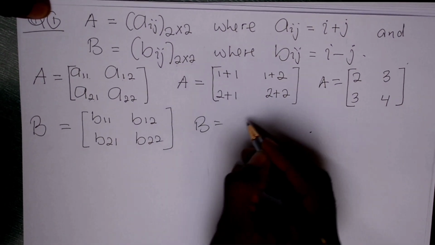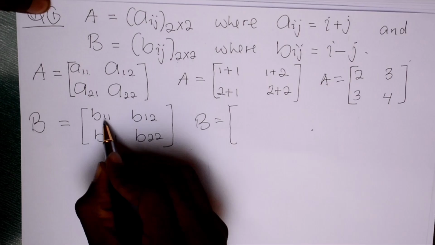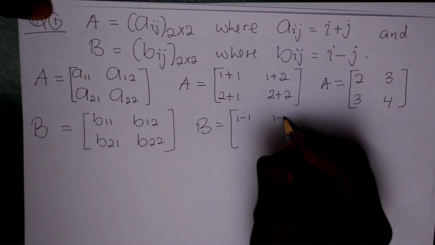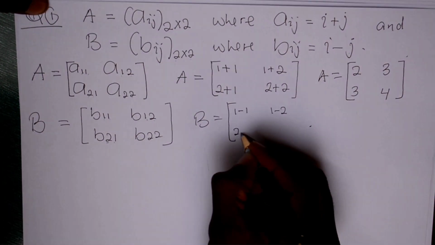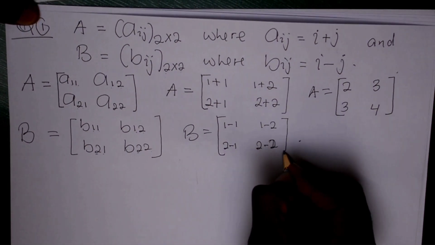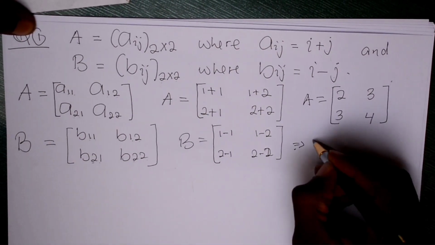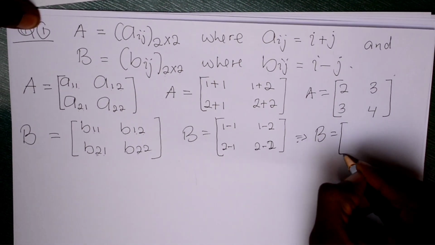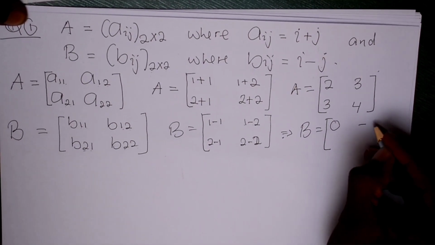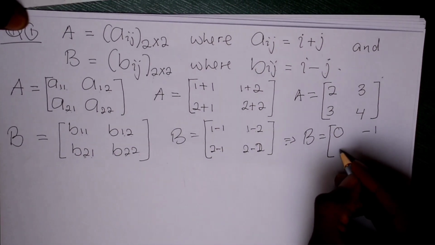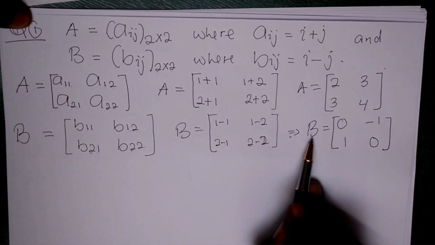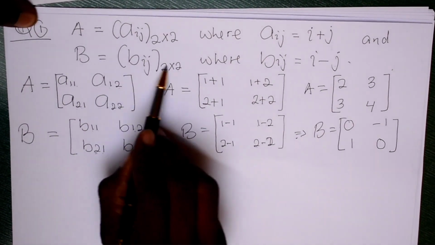So now matrix B will be 1 minus 1, 1 minus 2, 2 minus 1, then 2 minus 2. So matrix B will be 1 minus 1, 0; 1 minus 2, minus 1; 2 minus 1, 1; 2 minus 2, 0. This is matrix B from the statement given.